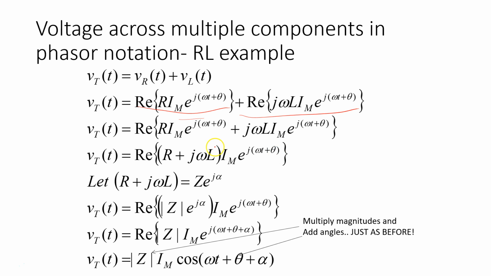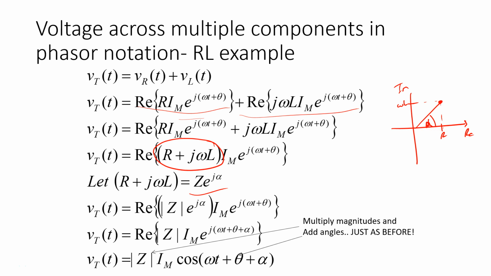Now this is really a complex number. So if I look on the complex plane, real and imaginary, that is R and omega L. That point there is R plus j omega L. So I could represent that as e to the j alpha, where this angle here is alpha.